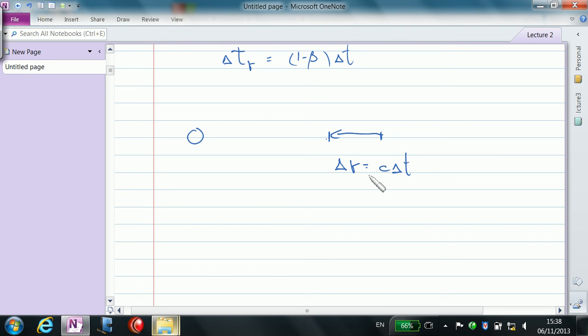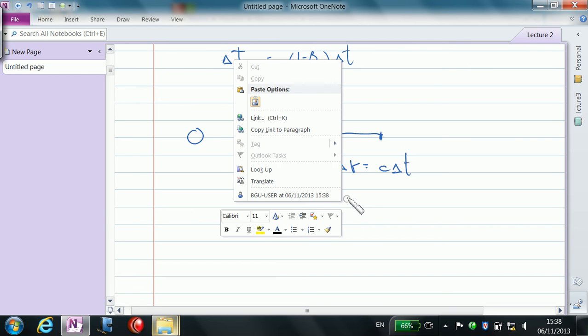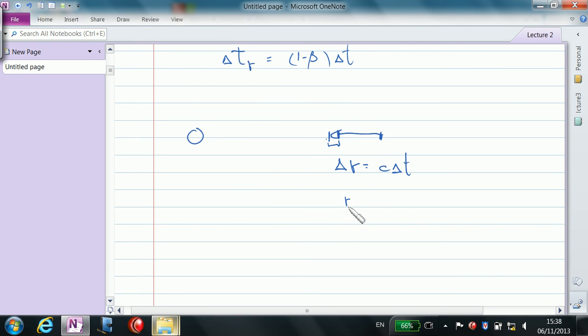But by the time the last pulse was emitted, the source which emitted the first pulse from here has already moved to here, and this remaining distance is R1 minus R2, which is equal to beta c delta t, where beta is the motion of the source.